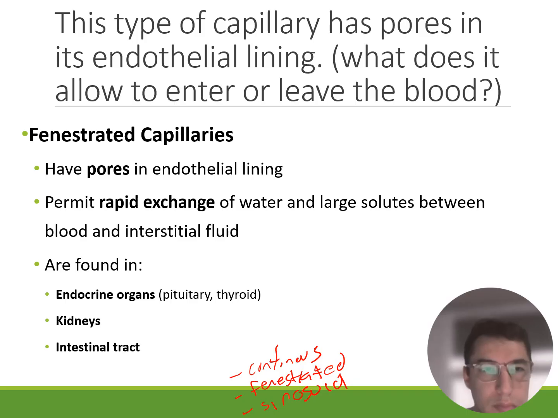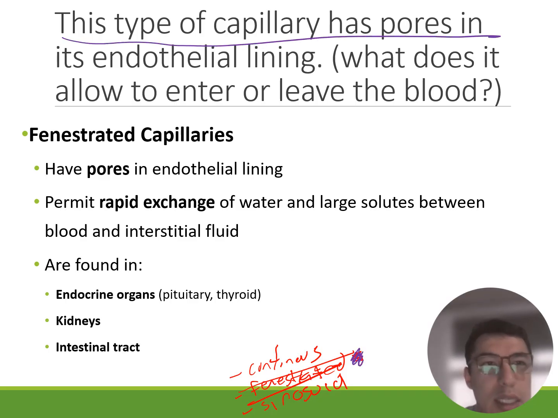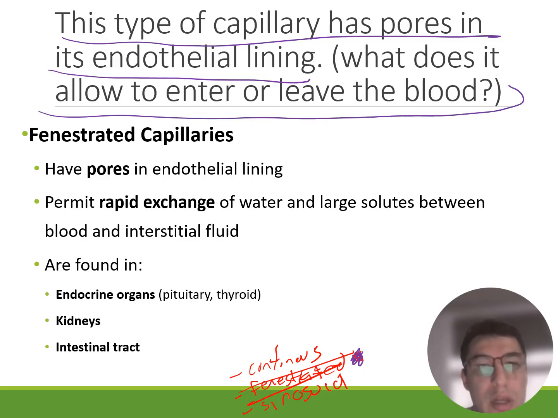Okay, so we're going to start with one of them. This question in particular is referring to one that has pores, and the one that has pores is going to be the fenestrated. So this type of capillary has pores in its endothelial lining. What does it allow to enter or leave the blood?